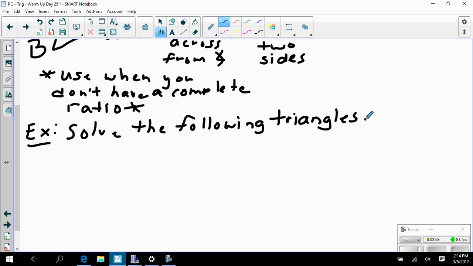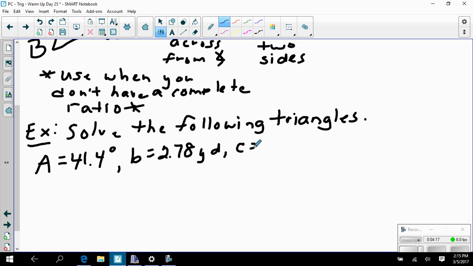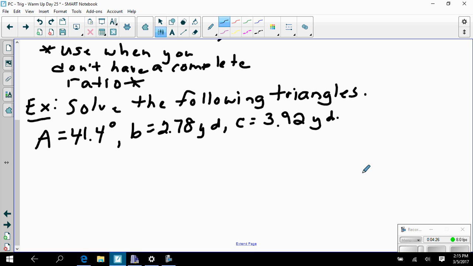So you'll see in tonight's homework that you'll get a few pieces of information, like for this one, if I told you that A was 41.4 degrees, little b is 2.78 yards, and little c is 3.92 yards. That's all the information they give you, and they expect you to just find all the other missing sides. Now you can use Law of Cosines or Law of Sines to do that depending on the situation.